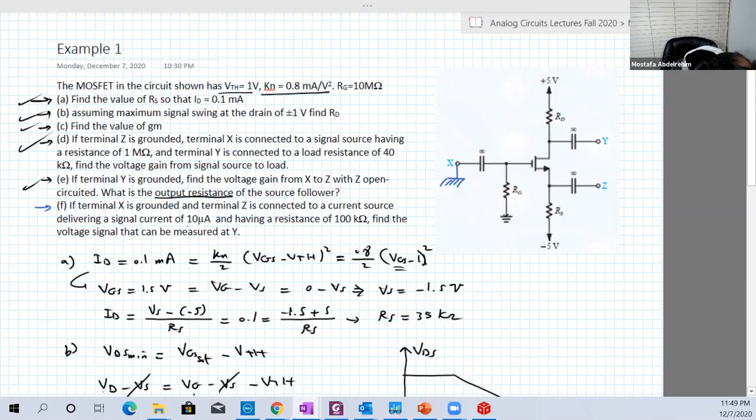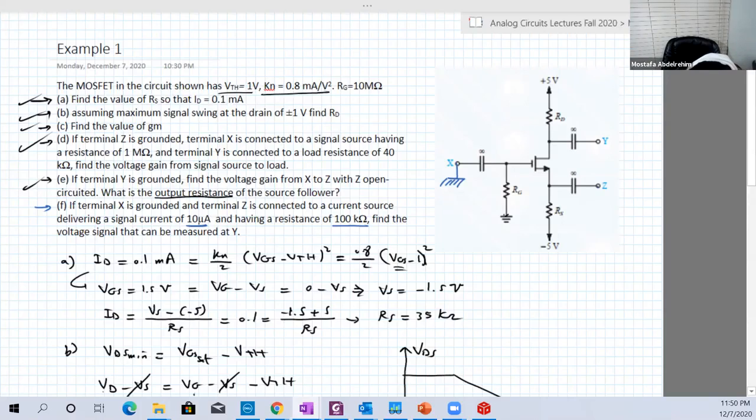This current source is delivering 10 microamperes and has an internal resistance of 100 kilo ohms. Remember, guys, the internal resistance of a current source is in parallel with the current source. It's different from a voltage source, where the internal resistance is in series with the source.